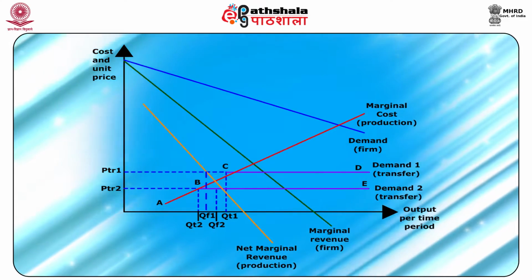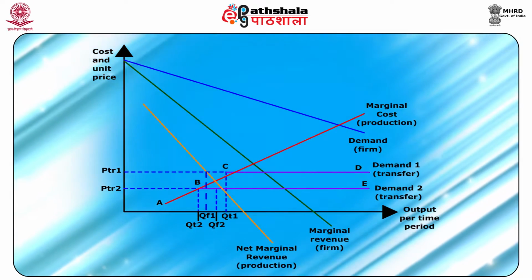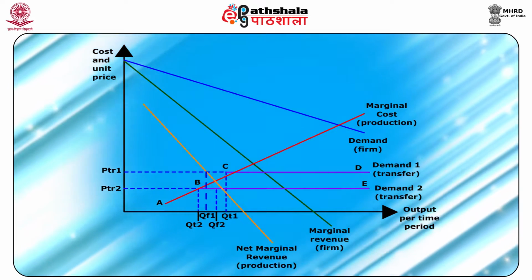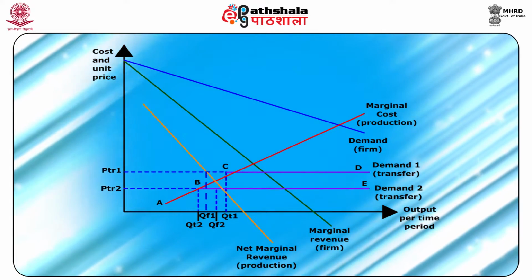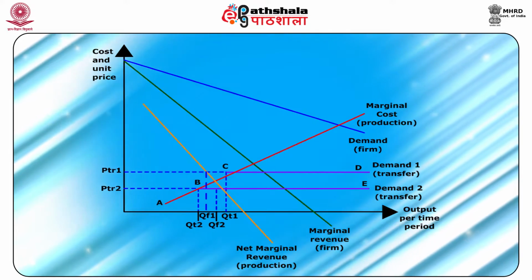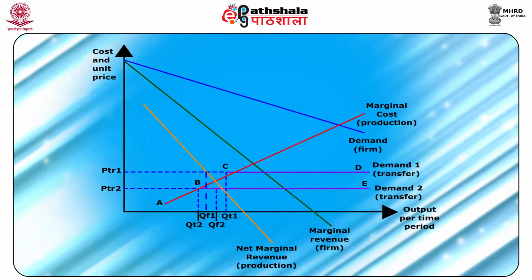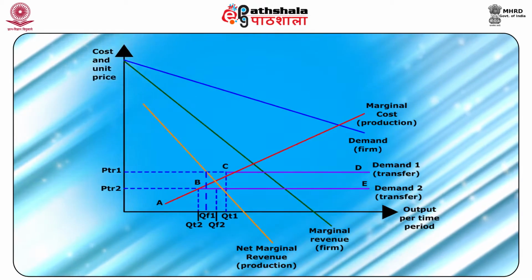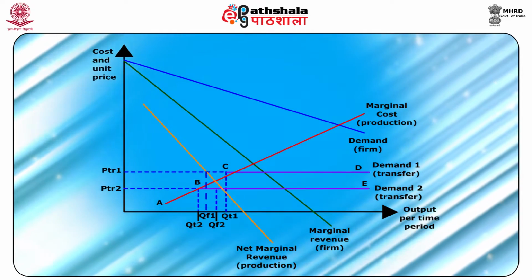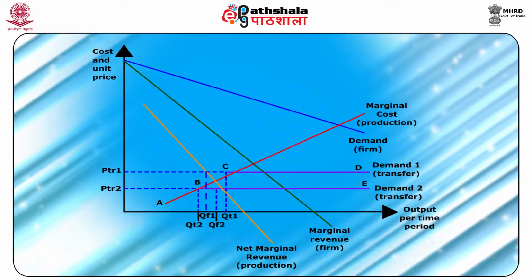Transfer pricing with a competitive external market. So far we were not considering the competitive external market. The competitive external market gives us demand curves which are parallel to the x-axis, that is, they are represented by the higher blue line, which is CD, and the lower blue line, which is BE.